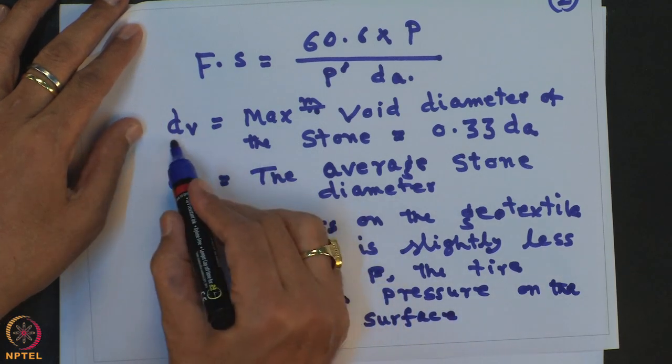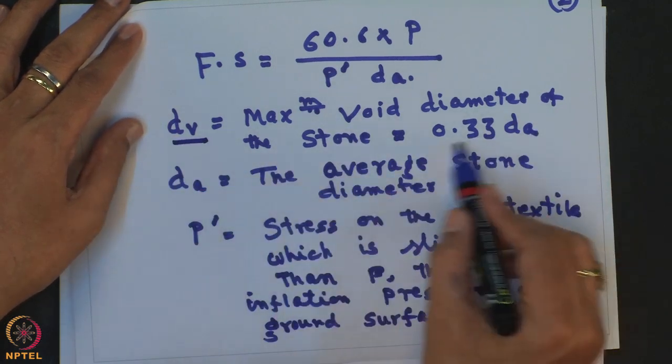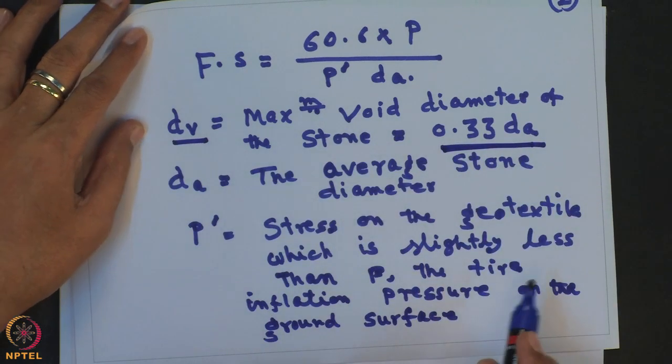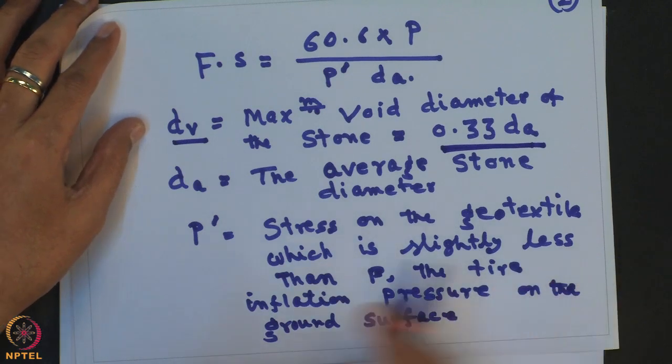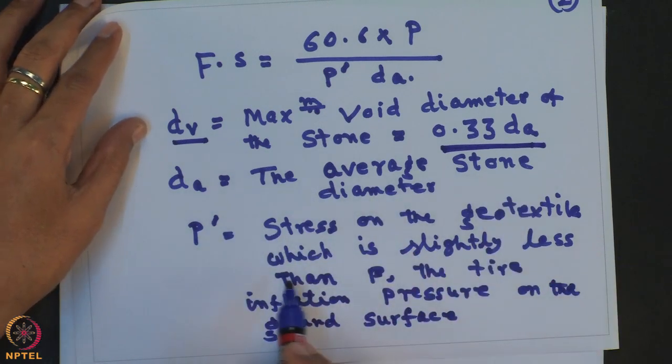I will explain later about the maximum void diameter of the stone is equal to 0.3 times of D of A. Okay. D of A is equal to average stone diameter.